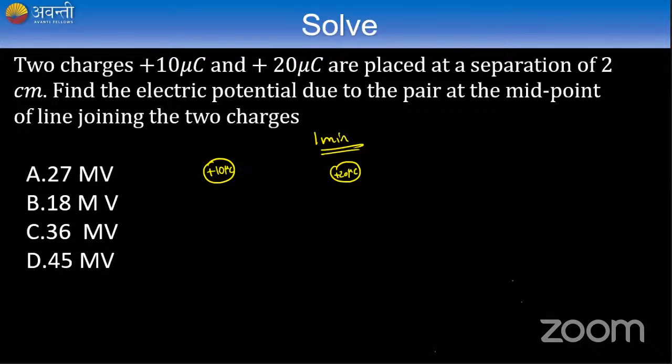Now find the electric potential due to the pair of charges at the midpoint of the line joining them. So at this midpoint, what is the electric potential experienced because of these two charges? Guys, try to solve this.